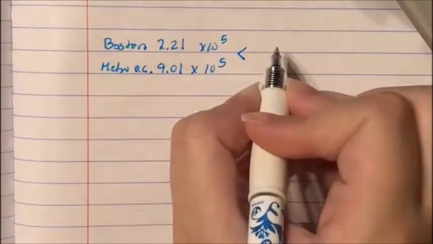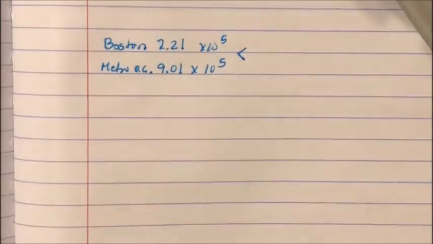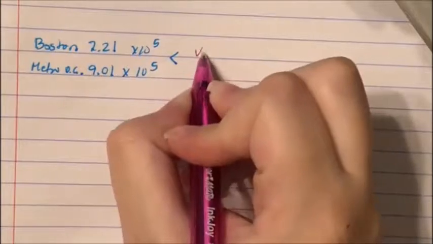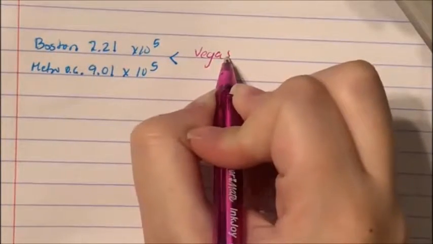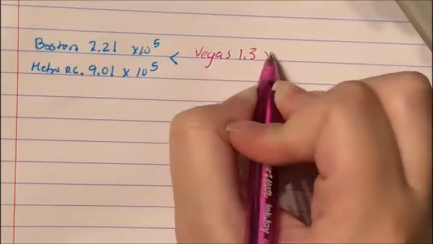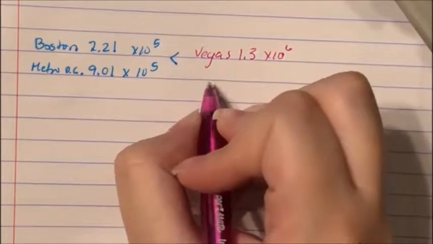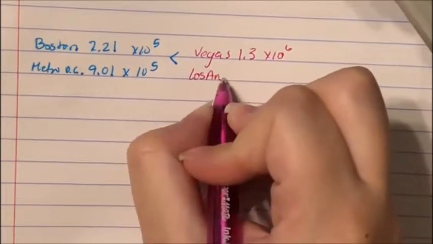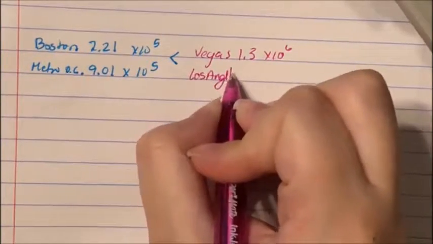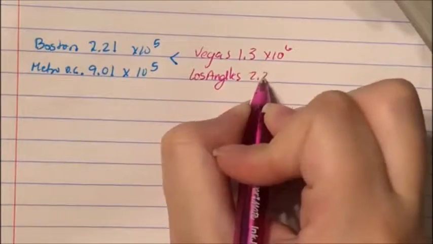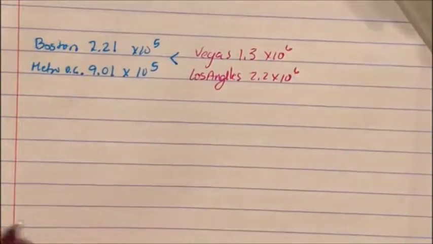Those are smaller than Vegas, which is 1.3 times 10 to the 6th, or Los Angeles, which is 2.2 times 10 to the 6th, okay?